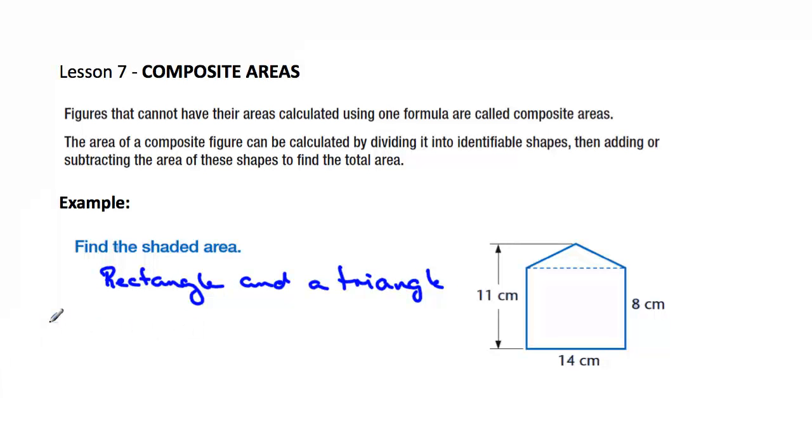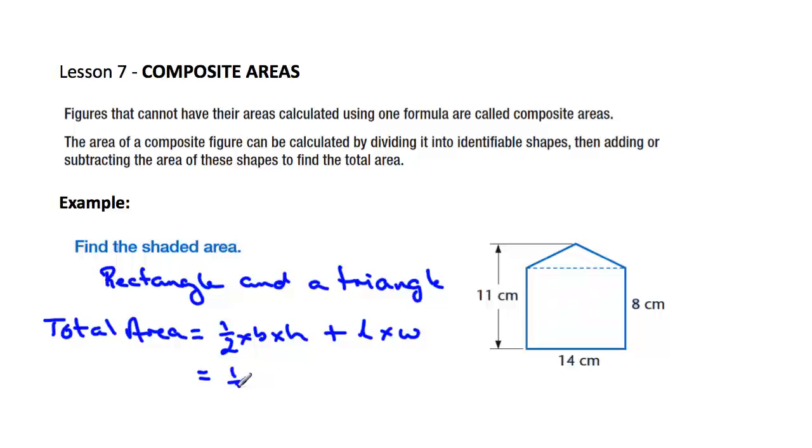So we could say in this case that the total area is equal to the area of the triangle, which is a half times the base times the height, plus the area of the rectangle, which is length times width.